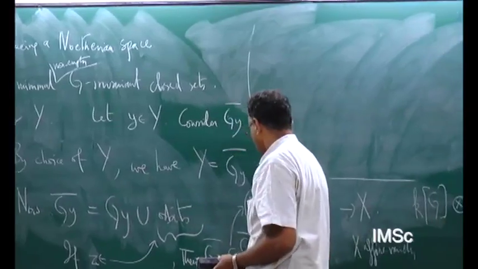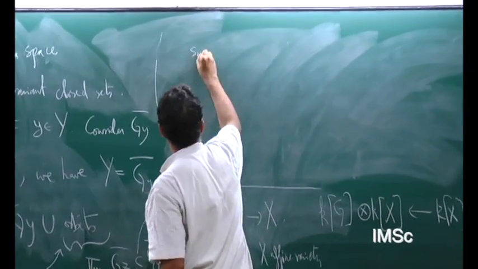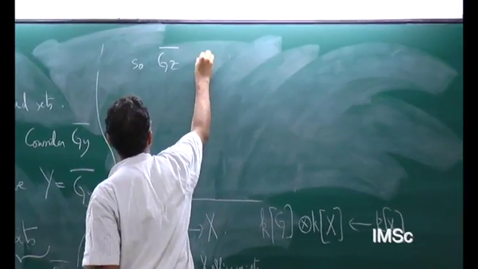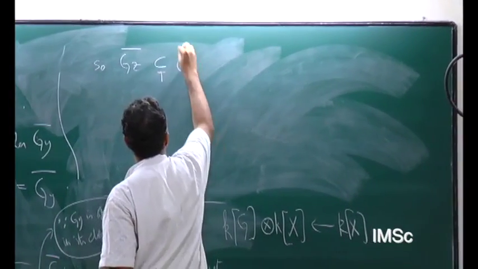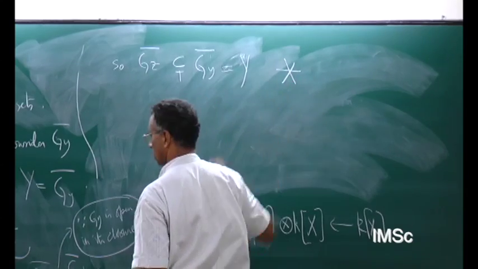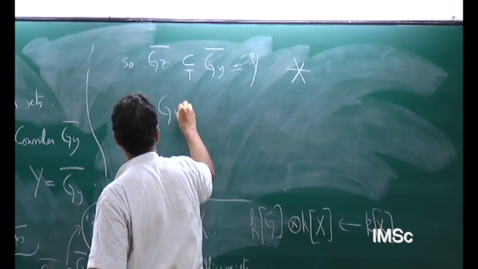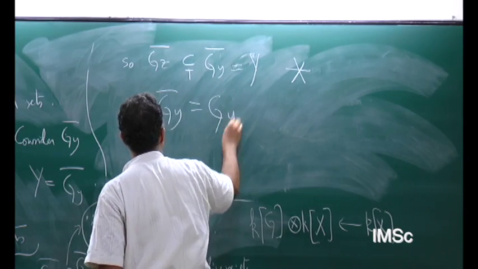Now, so the closure of Gz is properly contained in the closure of Gy, which is equal to Y, a contradiction. This implies the closure of Gy must be equal to Gy.